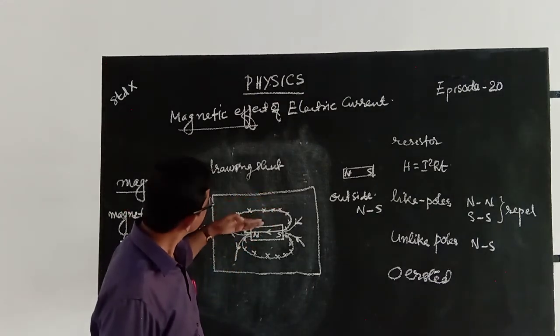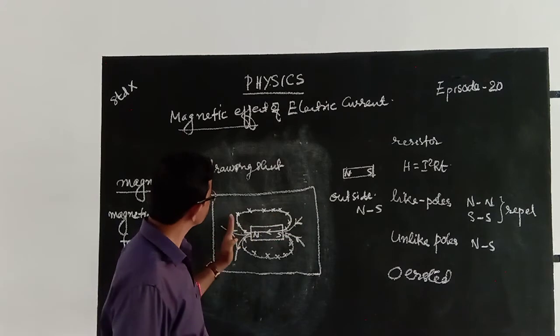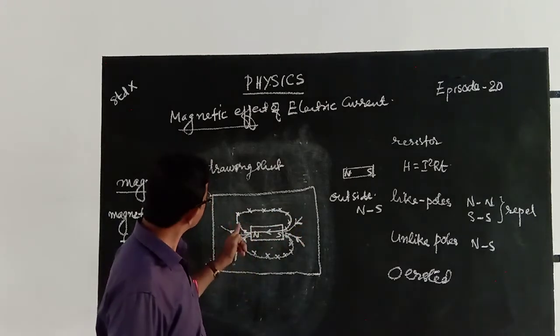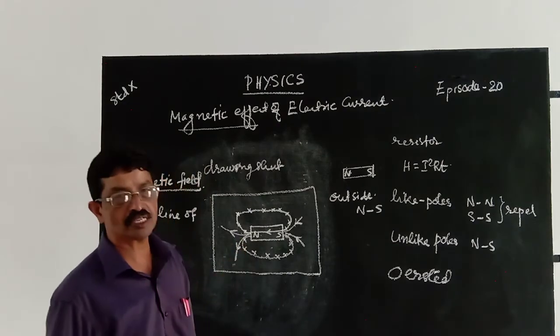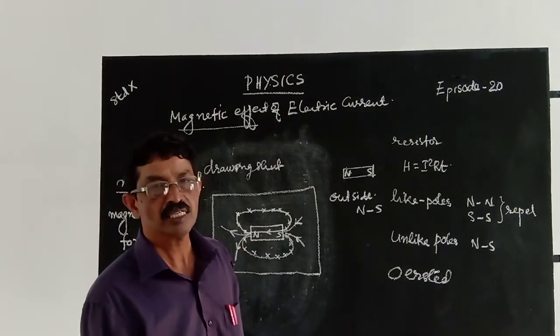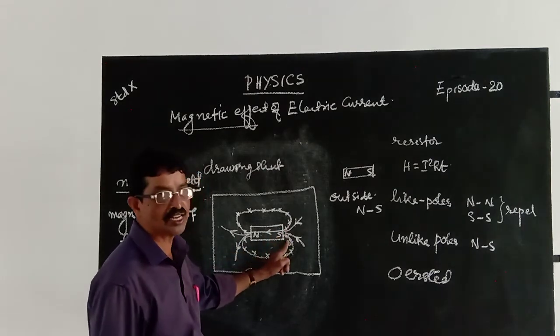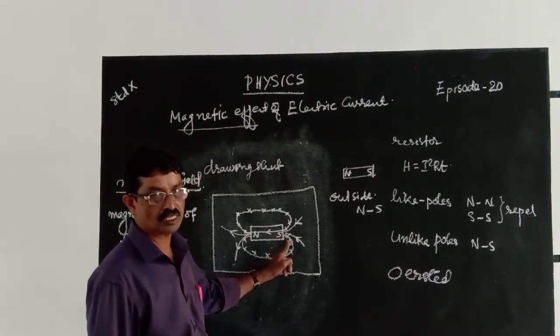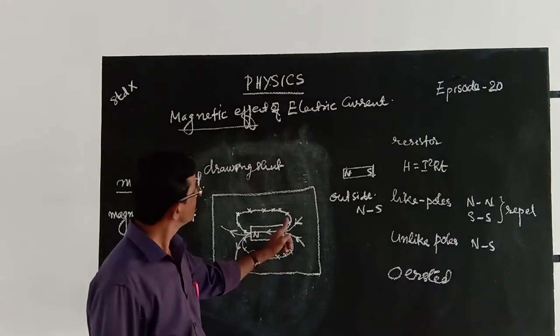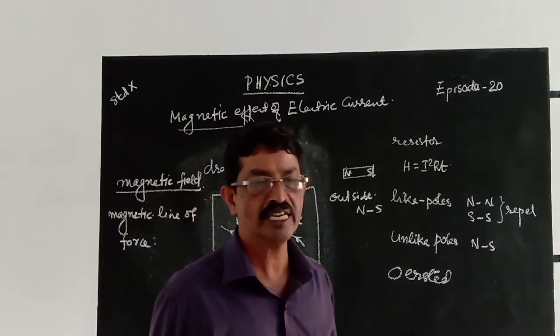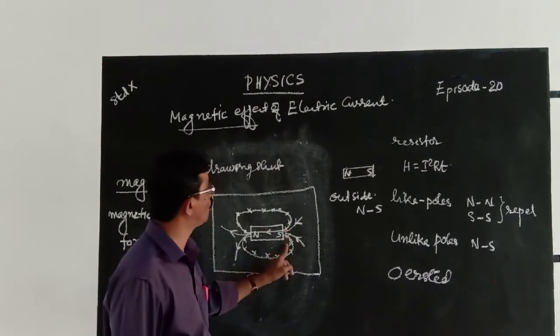Here, see, near the poles, these magnetic lines of force are very close. So here the magnetic field strength is large.